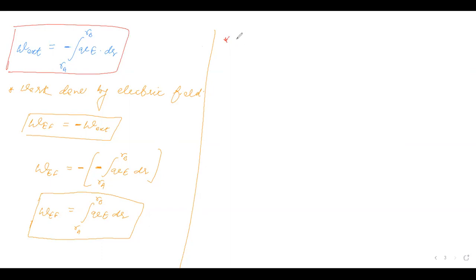For uniform electric field, we can write W external equals minus of integration RA to RB Q into E dr. You can take QE outside of the integral because Q and E are constant.